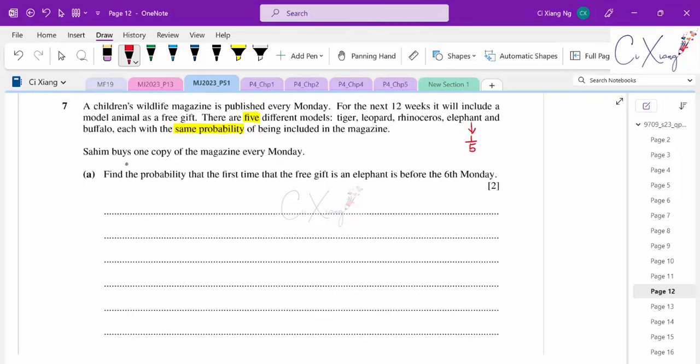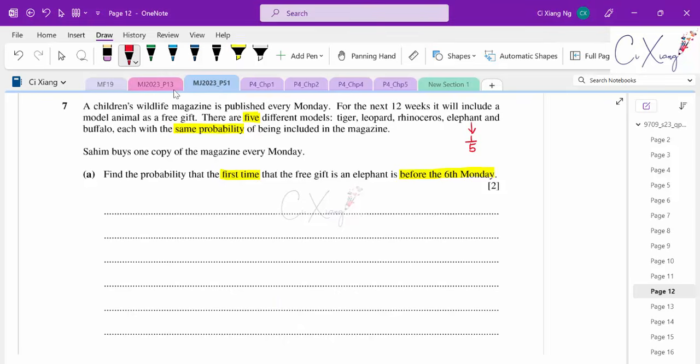Sahim buys 1 copy of the magazine every Monday. For the first question, they want us to find the probability that the first time the free gift is an elephant is before the 6th Monday. Highlight these 2 keywords here: first time that the elephant appears, before the 6th Monday.